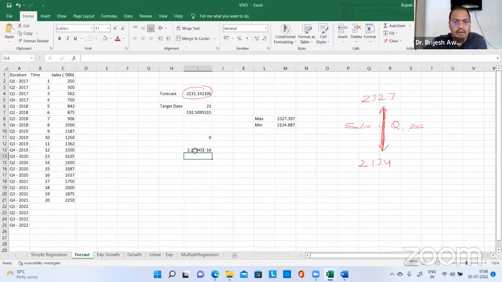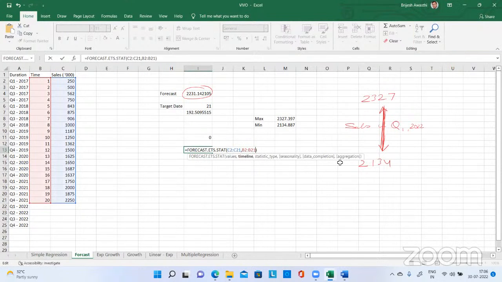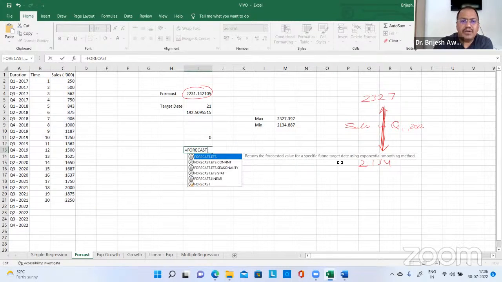That means 0 only. So I can calculate the alpha parameter, beta parameter, and gamma parameter of my time series. Agreed? So what exactly are these parameters, alpha, beta, gamma? I will try to explain to you tomorrow.